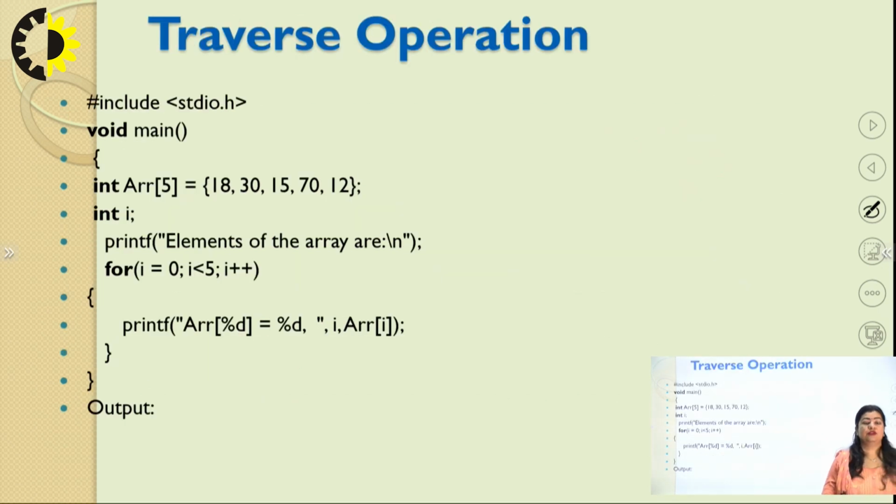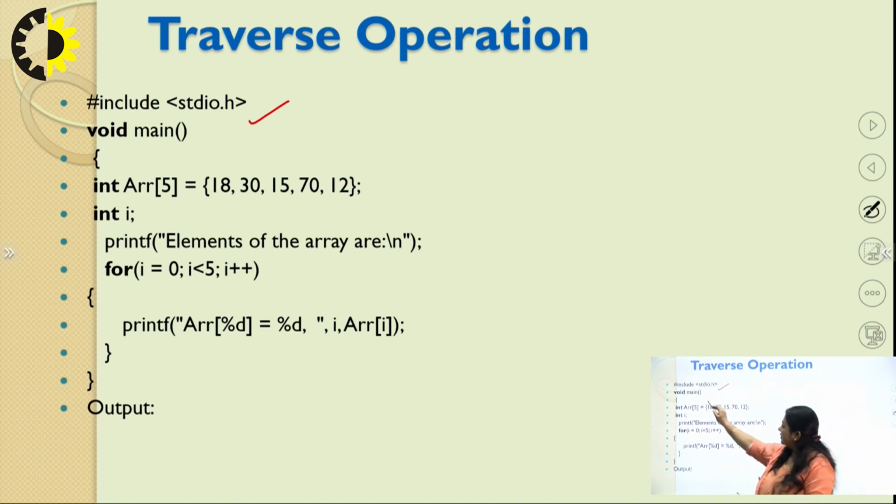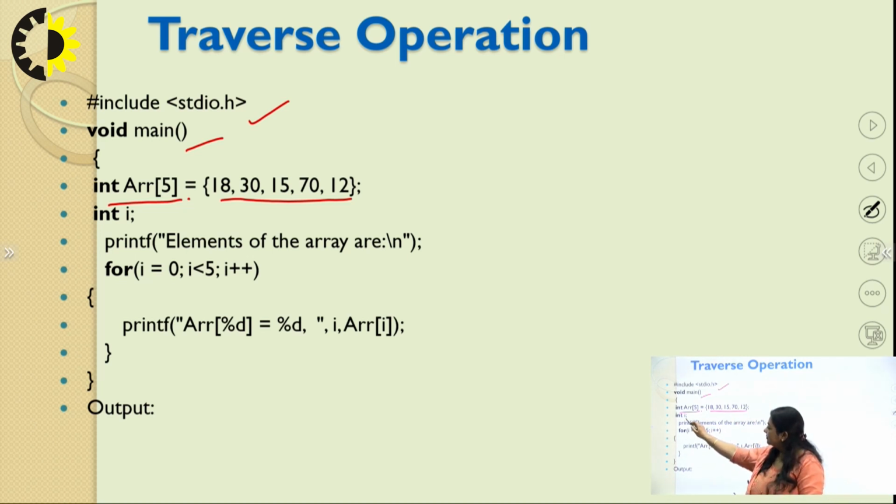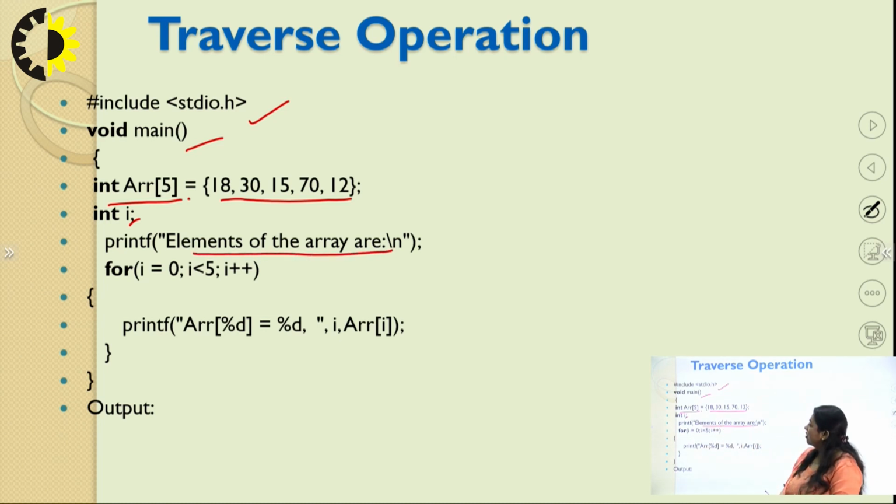Here is a program to traverse an array. First of all, we include the header file stdio.h, that means standard input and output, and apply the function void main. It takes variables of integer type, with the size of the array 5, and inserts the elements 18, 30, 50, 70 and 12. Then integer i is taken to print the elements of the array.